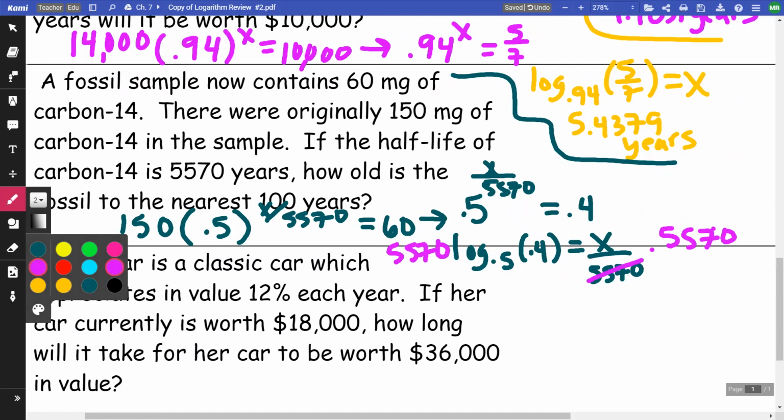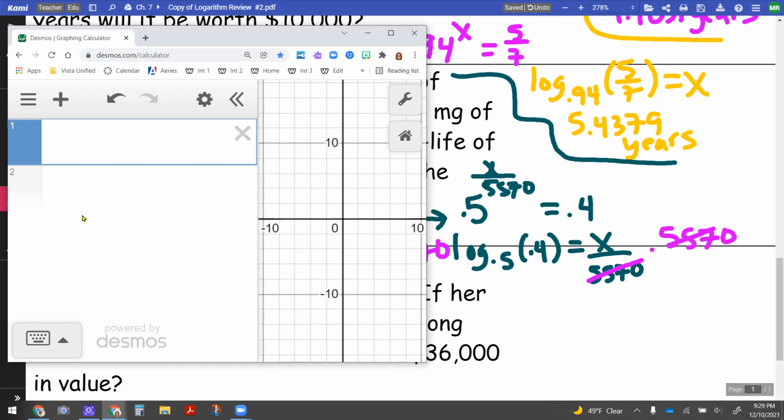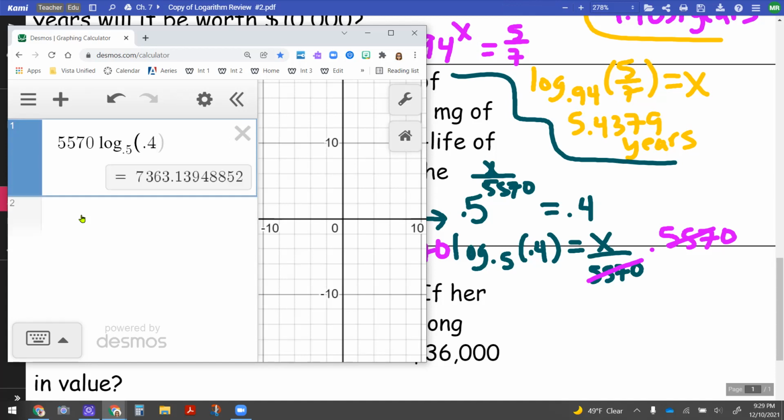So here those would cancel out. And then I am going to put this in my calculator: 5570 times log base 0.5 of 0.4.